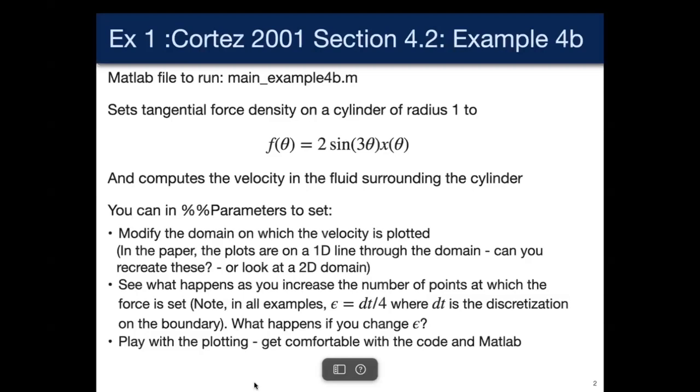In this case, it's setting a tangential force density on a cylinder of radius 1, and then it computes the velocity in the surrounding fluid. These are some things I thought people could think about. On each one, I have us think about regularization versus discretization coming into play. Remember, this was for a workshop for grad students, so there are some things about playing with the plotting and getting comfortable with some of the notation.